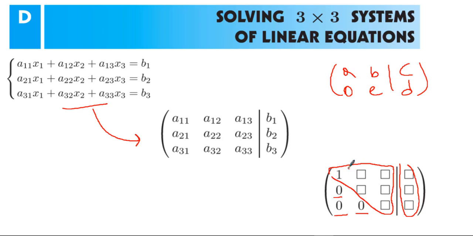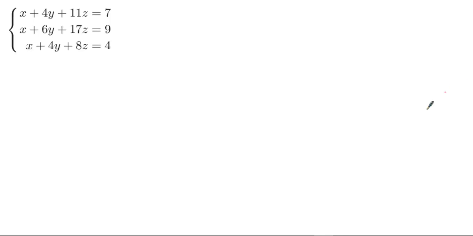First, I will solve one question with regard to this one. Then we will discuss the cases when there are no solutions and when there are infinitely many solutions. So here, the first thing we need to do is convert to the matrix. It will be 1, 4, 11, 7, 9, 4.